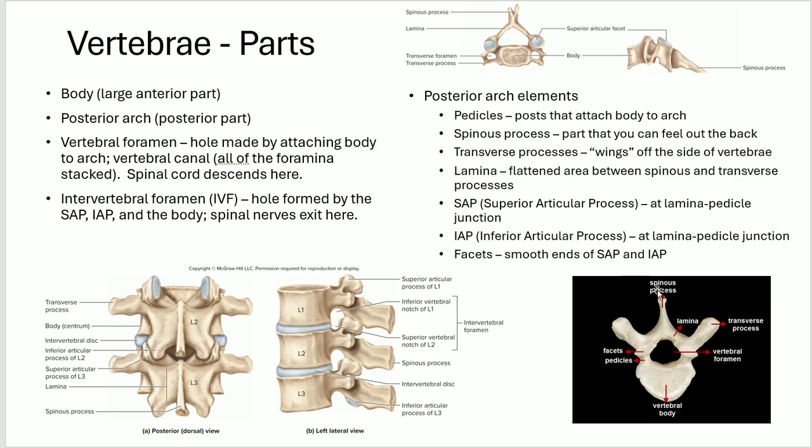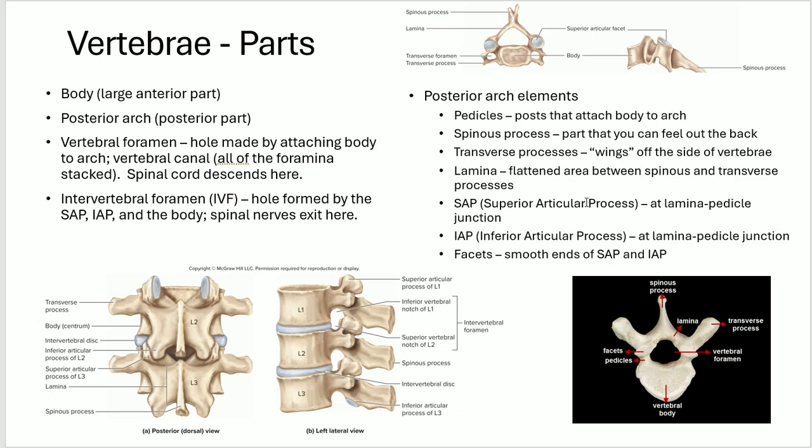But that's it. So spinous process at the back, lamina are the flat sides. Facet is actually where the joints are. Pedicle separates the vertebral body from the posterior arch. Vertebral foramen is the hole in the center. Transverse process are the wings.